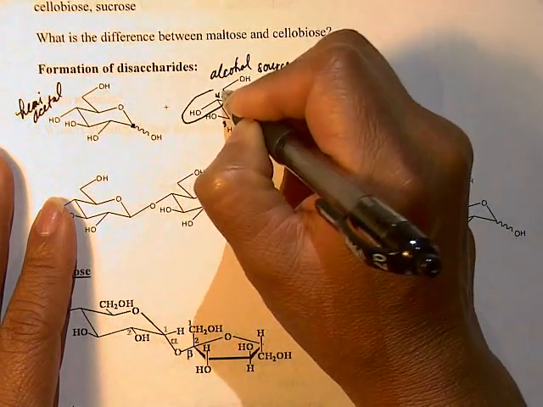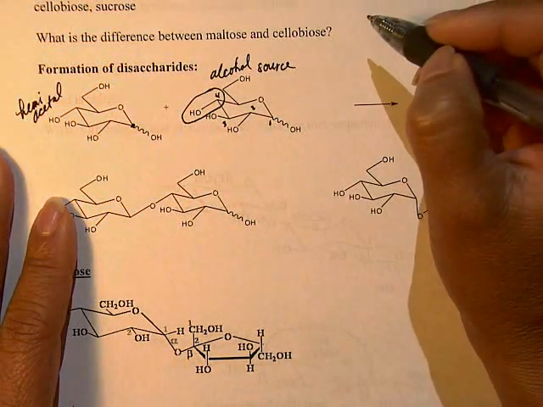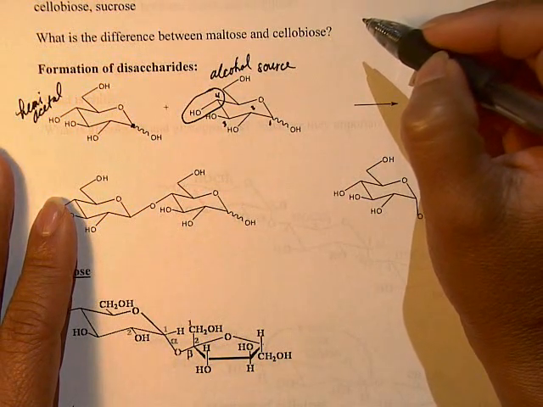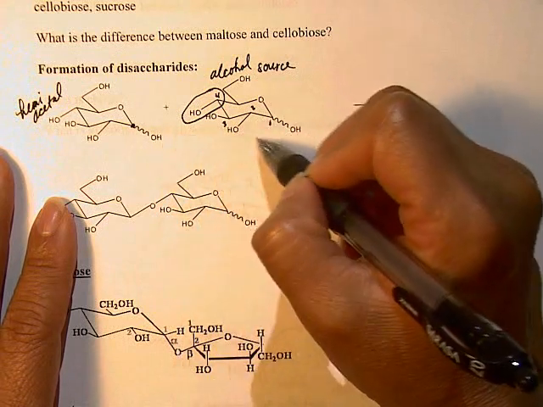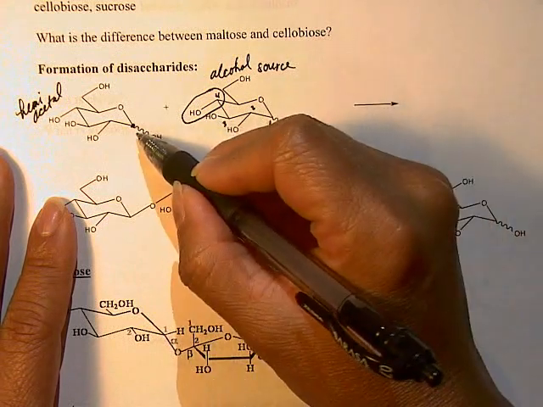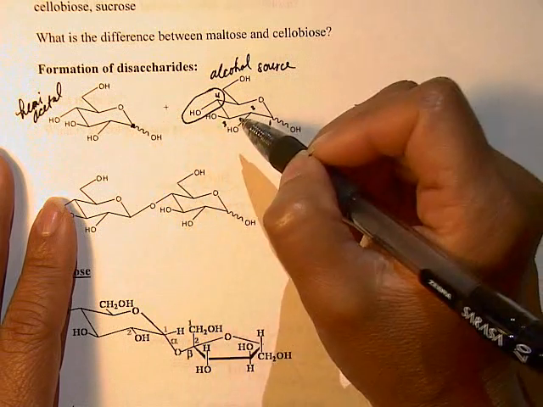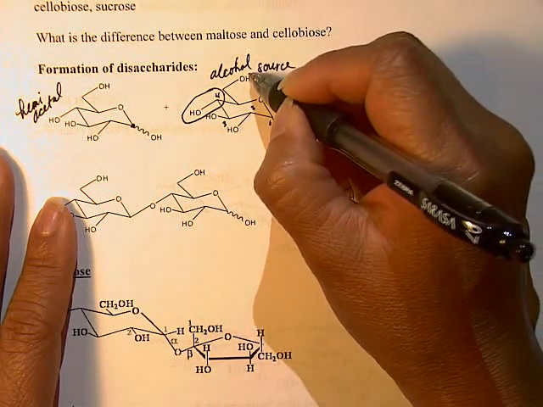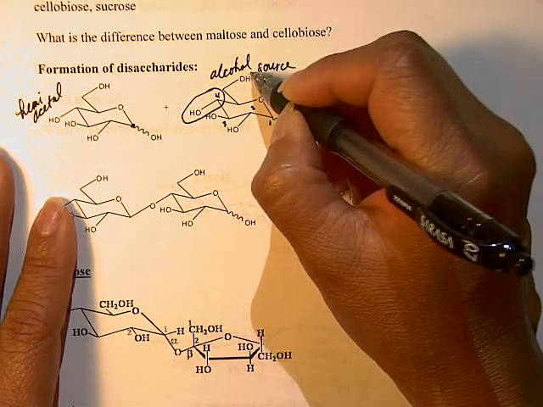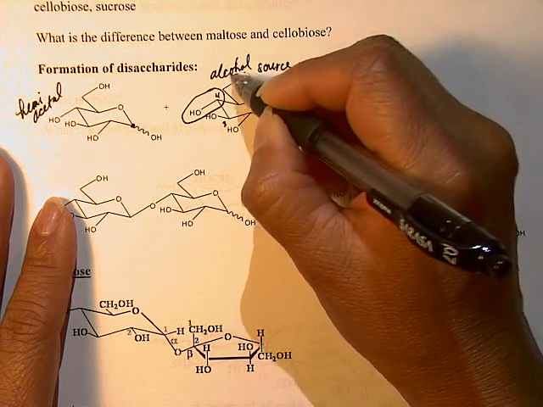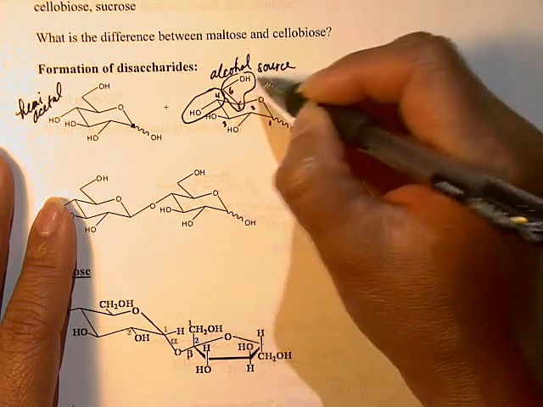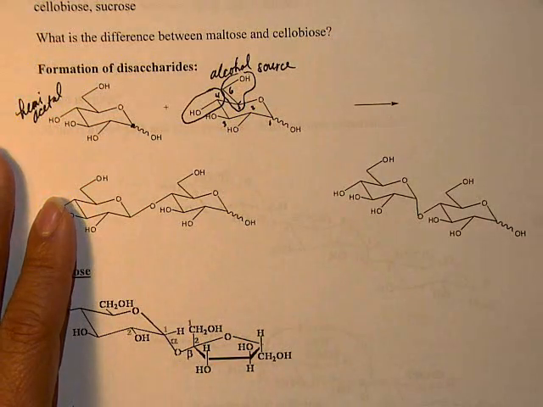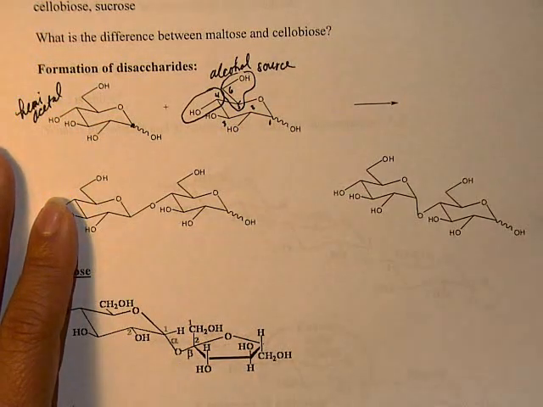Most commonly, the C4 alcohol is the one that replaces the OH; you could think of this whole thing as an R group. In certain cases, for example in glycogen, you see the C6 OH doing that same job.